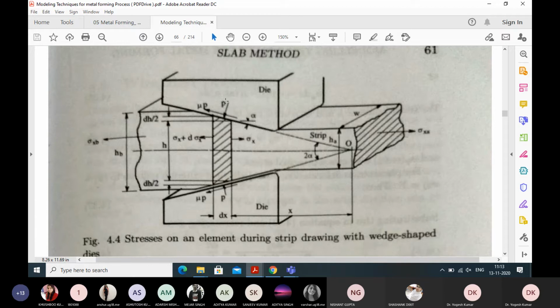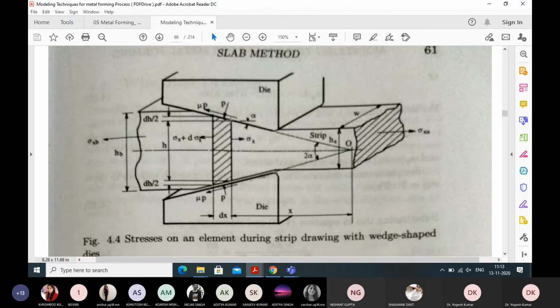First we have to find the area on which the force P and the force mu P are acting.